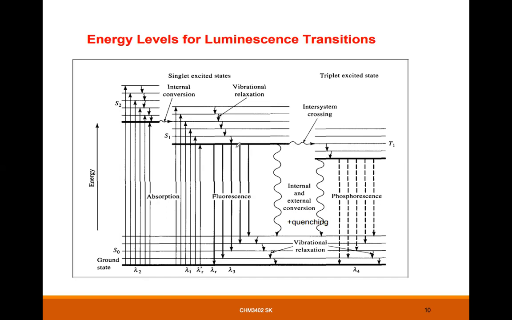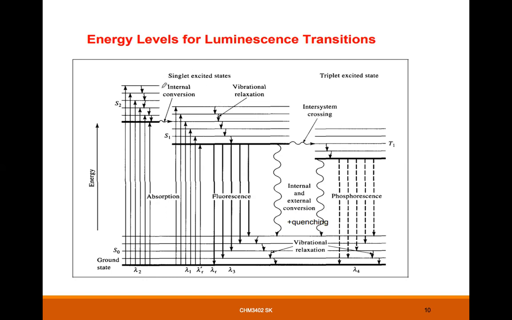The emission produced by the movement of the electron from the lowest vibrational level to the ground state is called fluorescence. So it's not UV, it's not visible, but instead it is called fluorescence. This one is called internal conversion, meaning that from the electronic excited state S2, the electron can go to another electronic excited state and goes through vibrational relaxation.